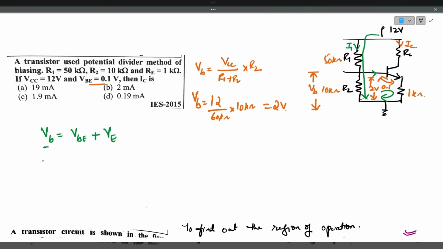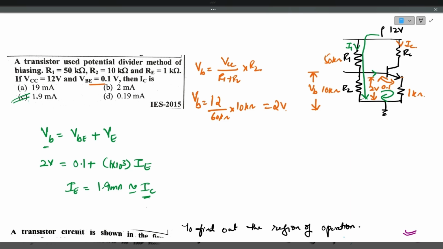So VB is 2 volts, VBE is 0.1 volt, plus emitter voltage, which is emitter resistance multiplied by emitter current. So the emitter current will be 1.9 milliamps, which can be approximated to the collector current also. Emitter current and collector current both will be approximately the same. So the answer is option C.